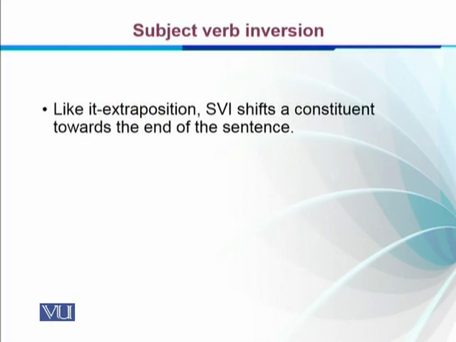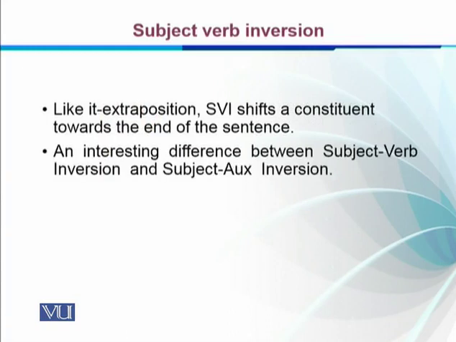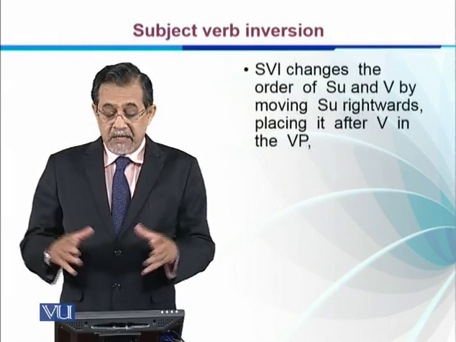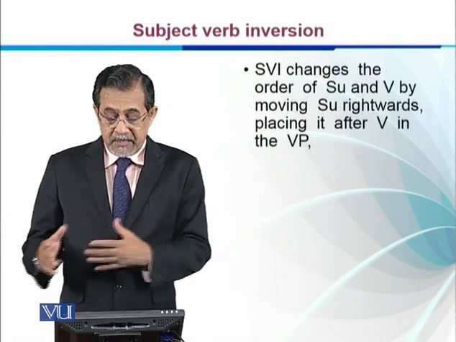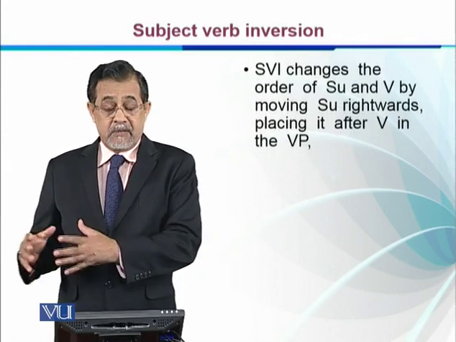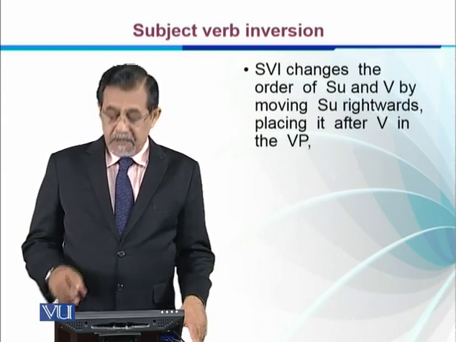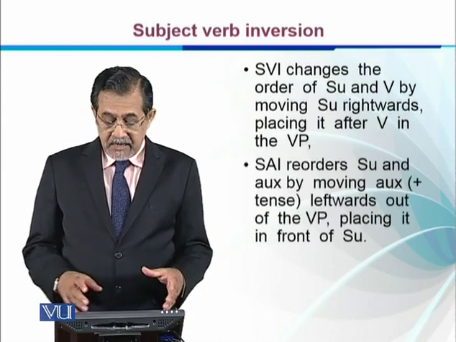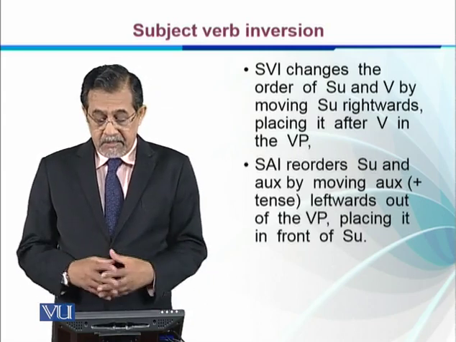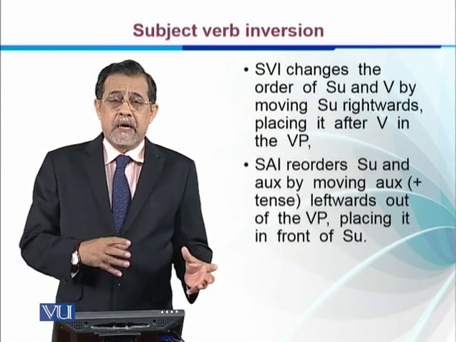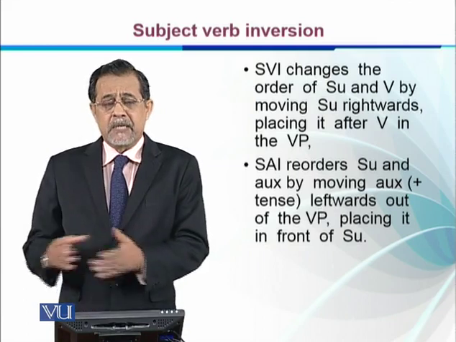Like extraposition, SVI shifts constituents from left to right. An interesting difference between SVI and SAI is that SVI changes the order of subject and verb by moving the subject rightwards, placing it after the verb in the VP, whereas SAI reorders subject and auxiliary by moving the auxiliary to the initial position and the subject after it.